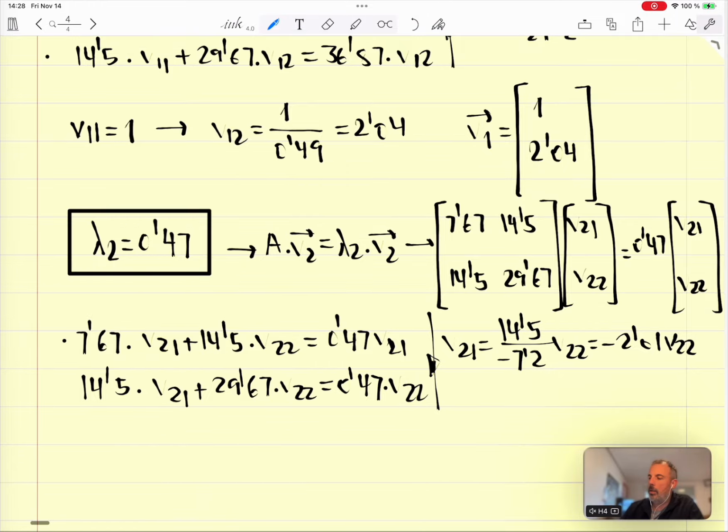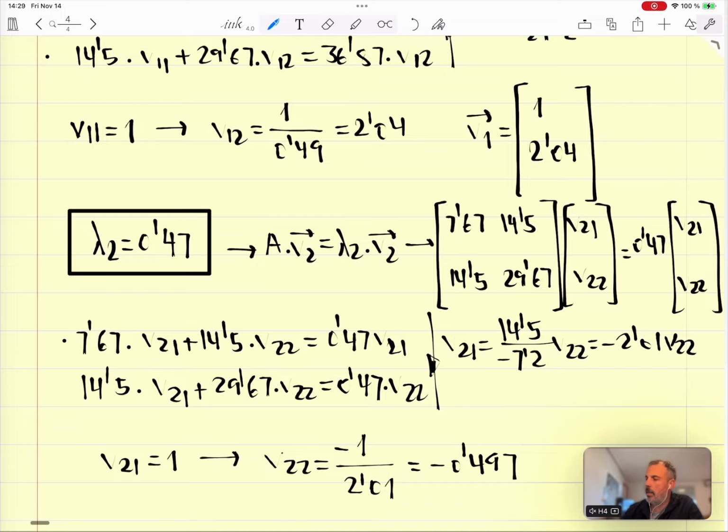So the second, if we make V21 equal 1, then V22 is minus 1 divided by 2.01, and this equals minus 0.497.